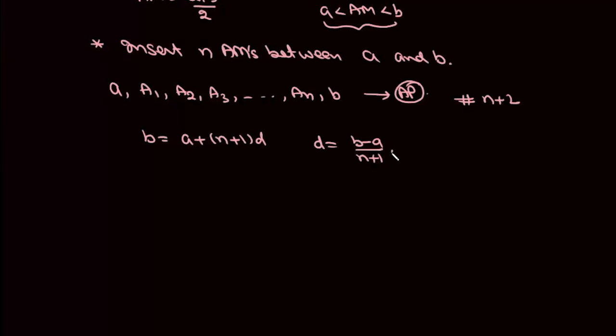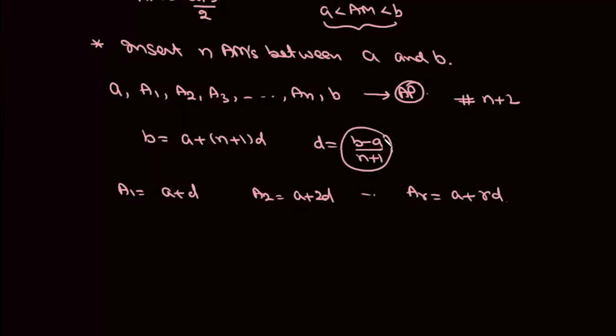So if you have to insert n AMs between a and b, then the common difference is (b minus a) upon (n plus 1). Now this a1 is simply a plus d, a2 is a plus 2d, and any ar is simply a plus r into d, where d is (b minus a) upon (n plus 1).